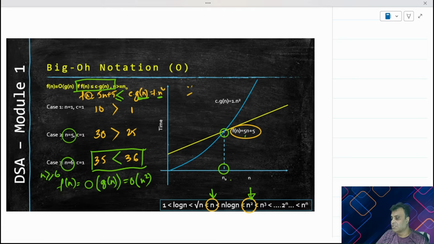We proved it in the earlier slide, and we are proving it now that N square is also the upper bound of the function. So what are we saying?